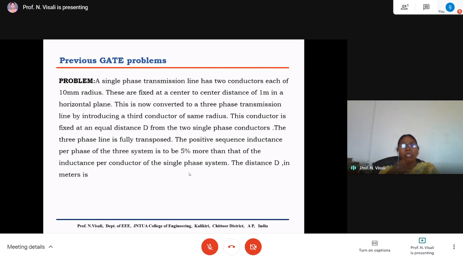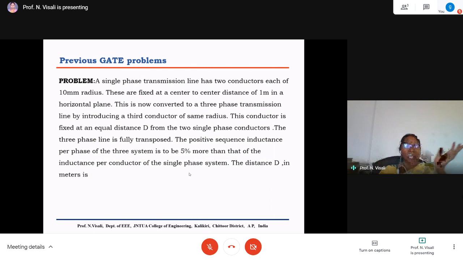Then the positive sequence inductance per phase of the three phase system is 5% more than the inductance per conductor of the single phase system. They have given that for the three phase system the inductance increases by 5% compared to the single phase system. Then what is the distance D in meters?